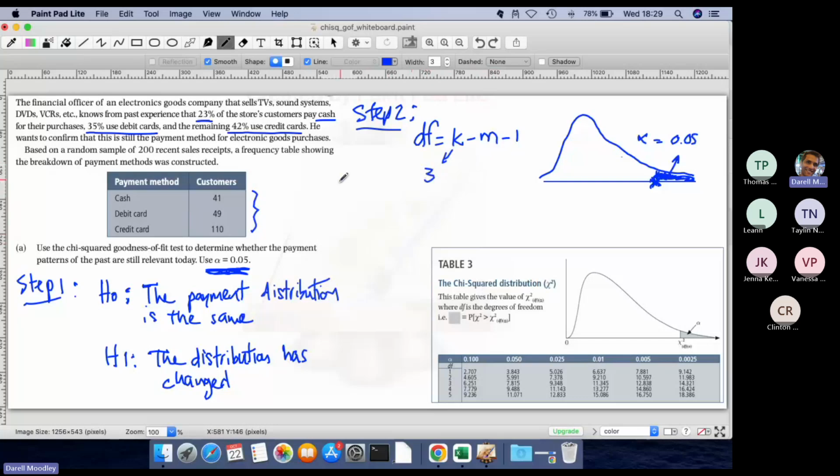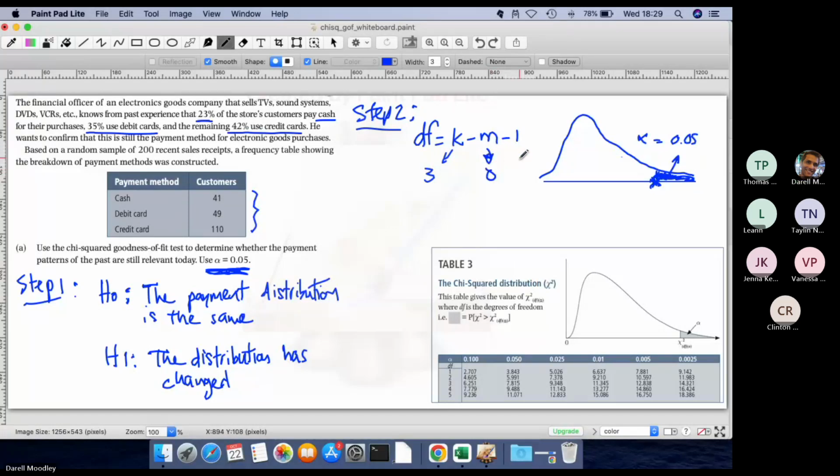Now, your m. Unless the question tells you it's a normal distribution, or to test whether it's a binomial distribution or Poisson, if it specifies a specific statistical distribution, then your m is going to have a value. Otherwise, if it doesn't say that, your m is 0.